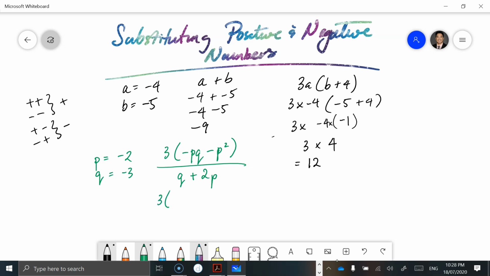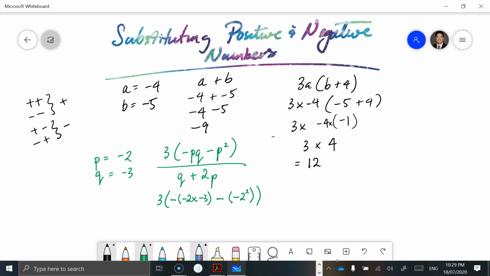3 outside of, so minus, in brackets, p, which is -2, times q, which is -3. And then we're going to subtract p in brackets, which is -2 squared, and then I'm going to close brackets.